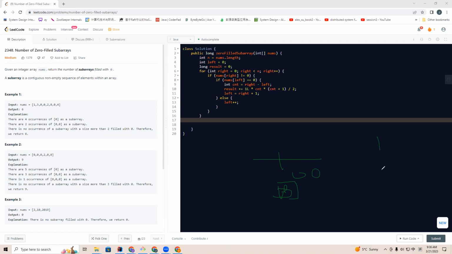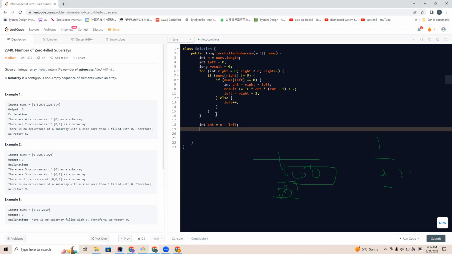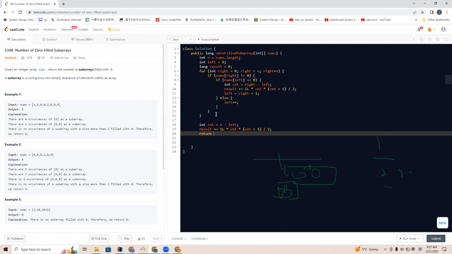If the array ends with numbers like 2 or 3, we see the left and right have the same step. But if it is trailing with 0s, we should add the last part. So we'll say count equals n minus left. The result adds count multiplied by count plus 1 divided by 2, right? Return result.